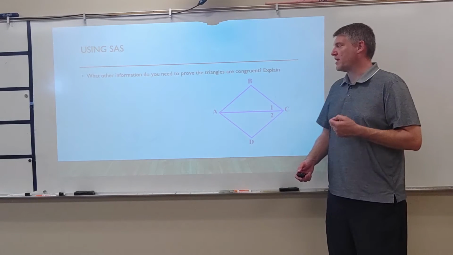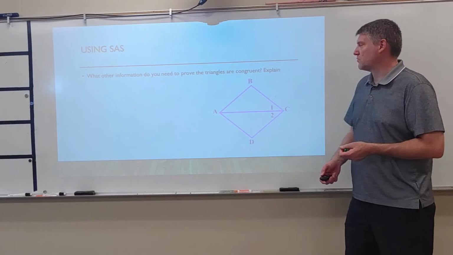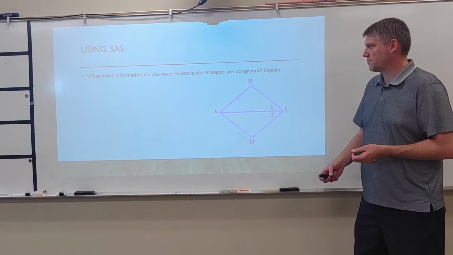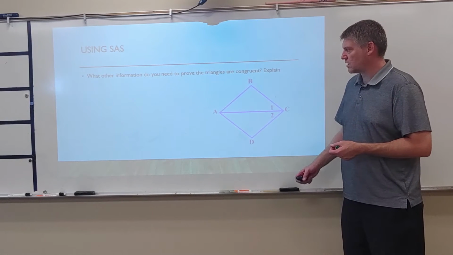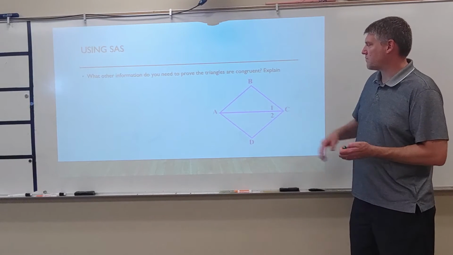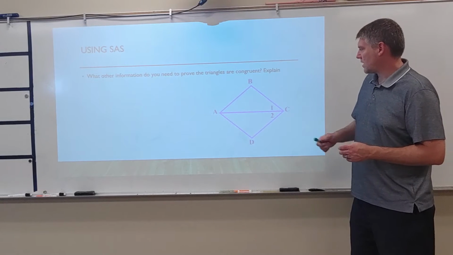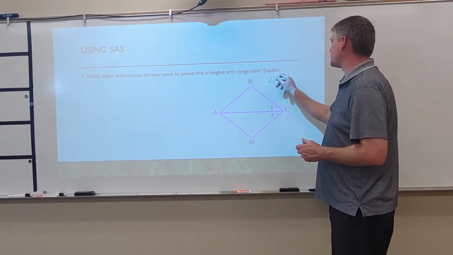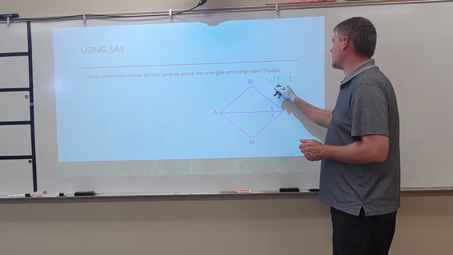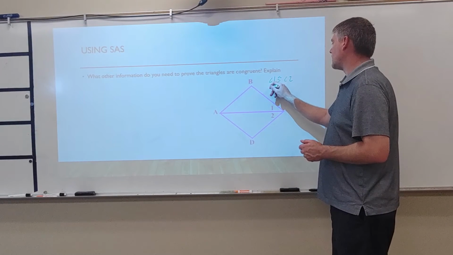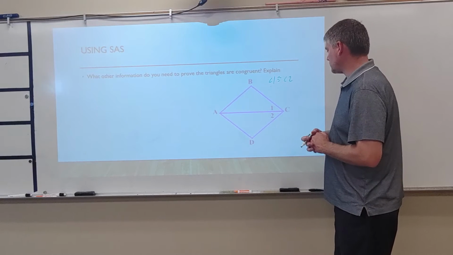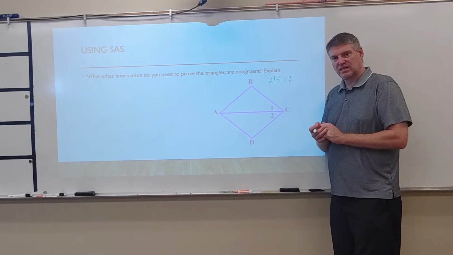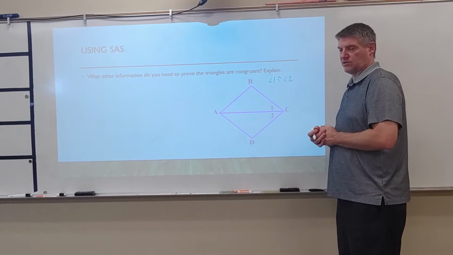So what other information do you need to prove the triangles are congruent? Let's say I have these two angles. Angle 1 is congruent to angle 2. What else would I need to show that these two triangles are congruent?